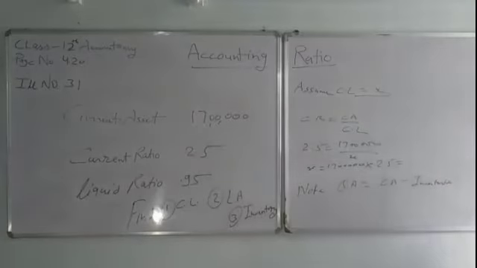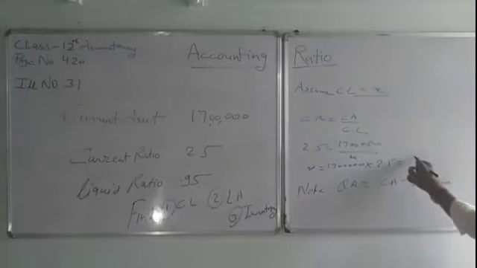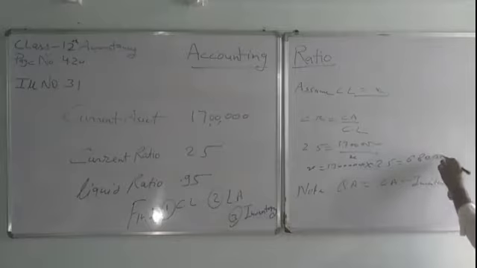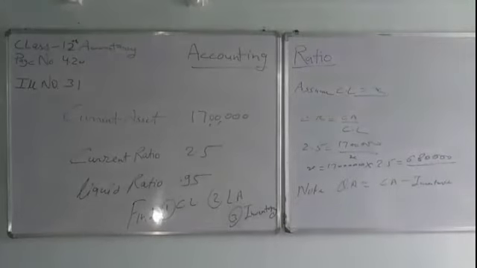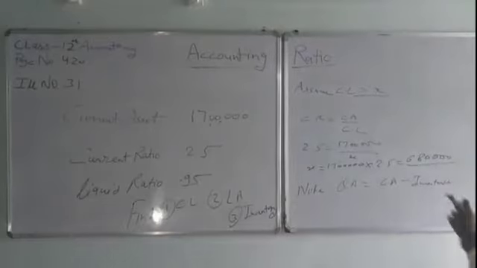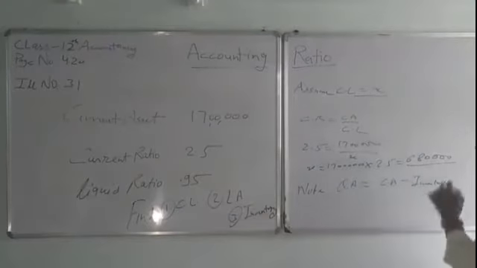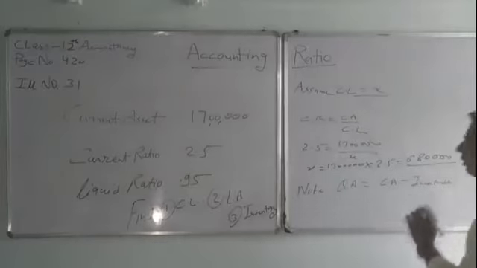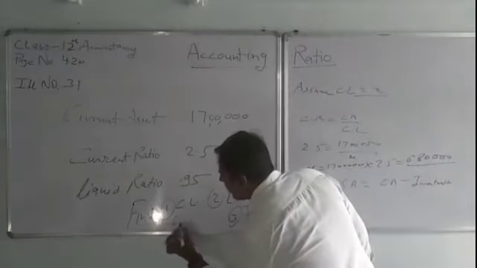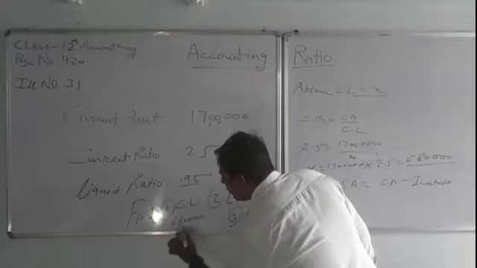How much will it come? It will come around 6,80,000. This is the current liability. Now you got the current liability, 6,80,000 here.